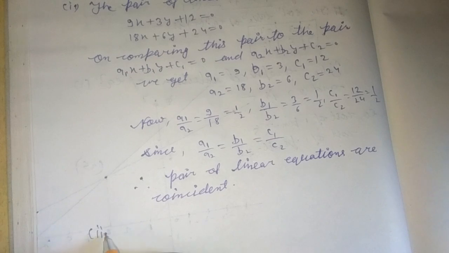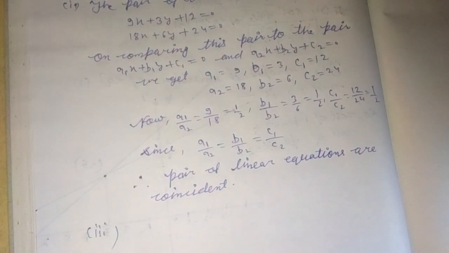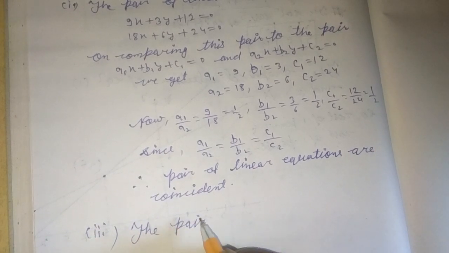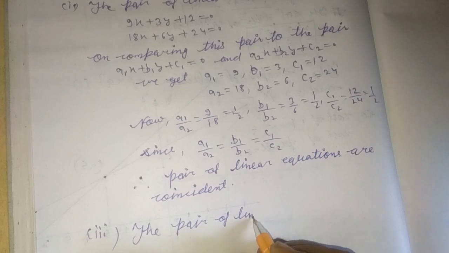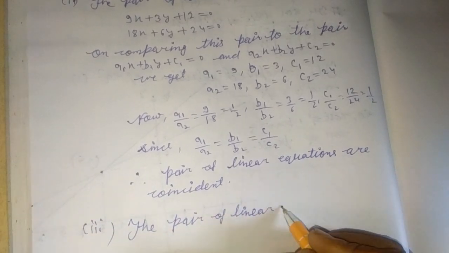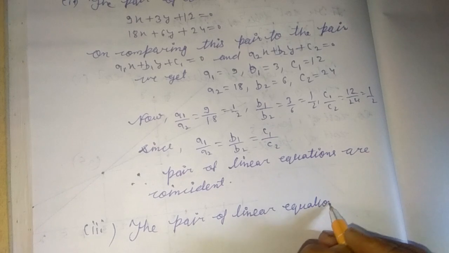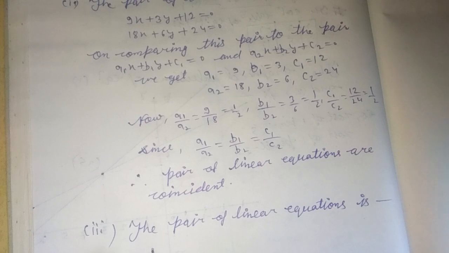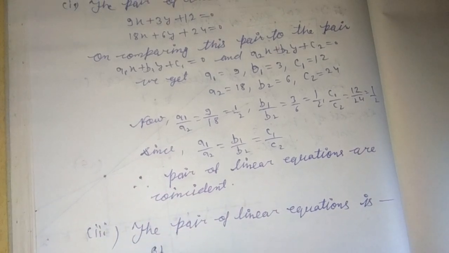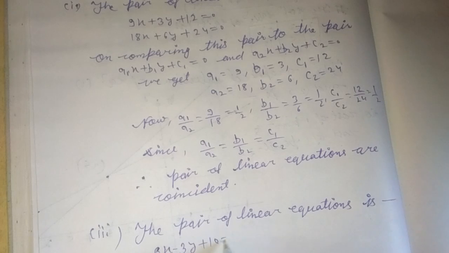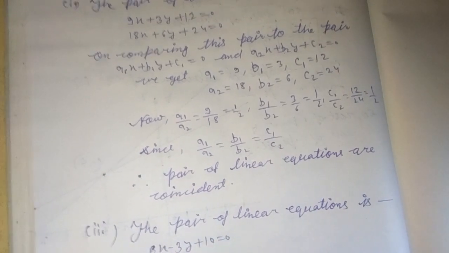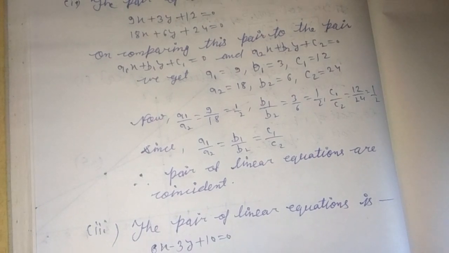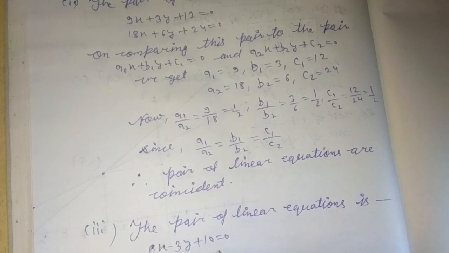Our third question is, the first we write the given pair of linear equations is 6x minus 3y plus 10 equal 0, 2x minus y plus 9 equal 0.